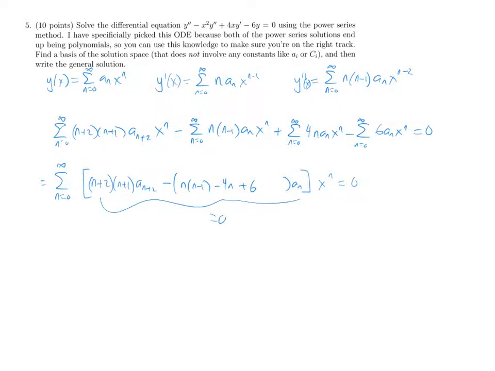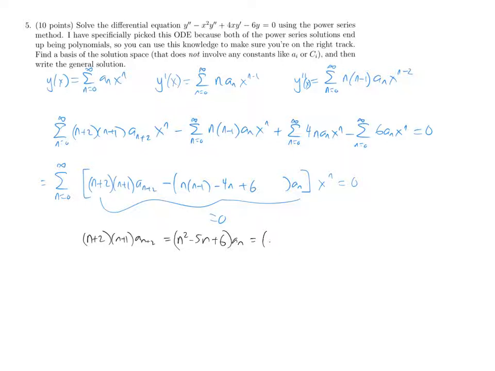So that means that n plus 2, n plus 1, a n plus 2 equals, so let's move this over here, n squared minus 5n plus 6 times a n.